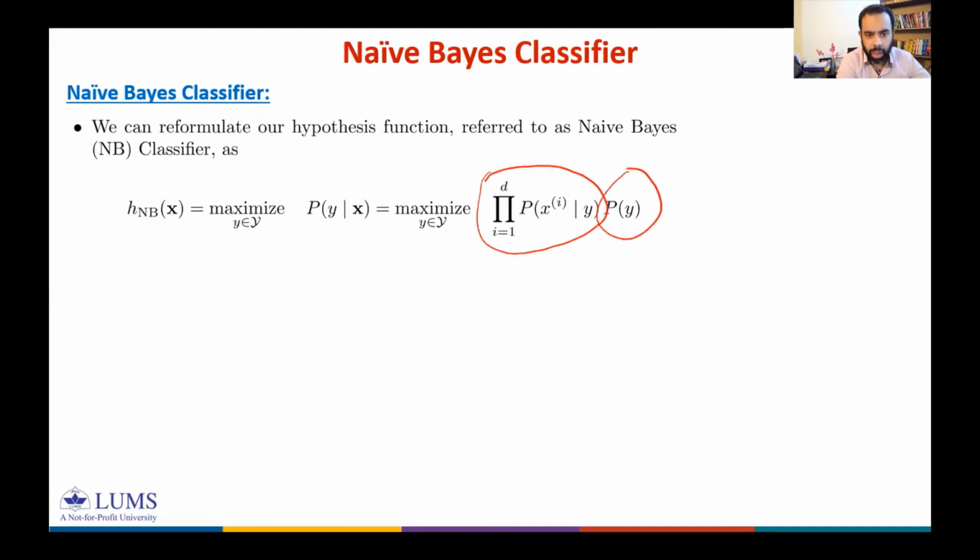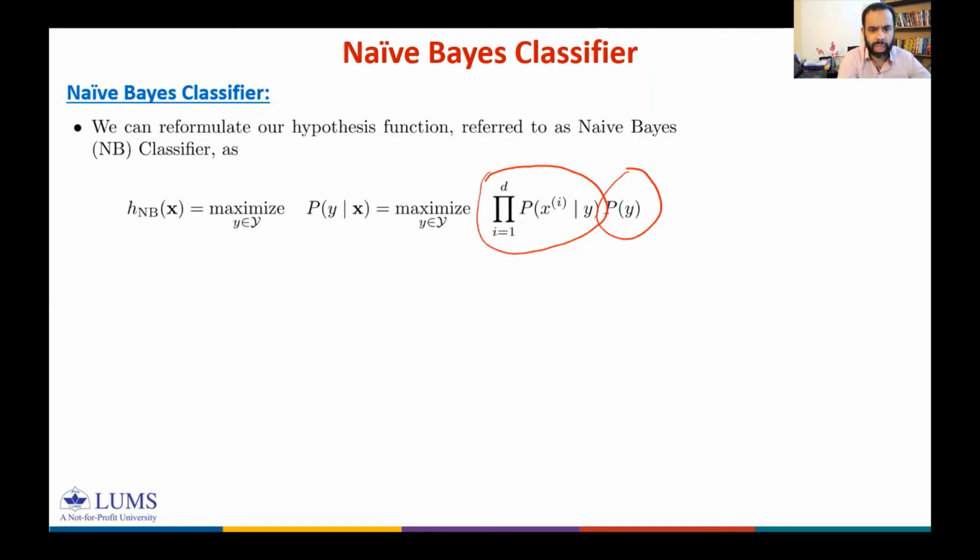This is the prior, and we compute this for each y, and we select the class y for which this product, likelihood times prior, is maximized. And this is our simple Naive Bayes classifier. It simply requires the computation of the likelihood function and prior, or these probabilities for each feature and for each label given the data.